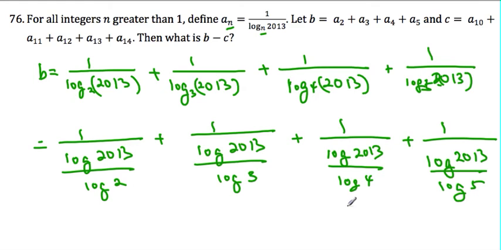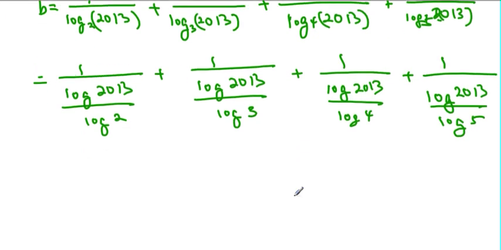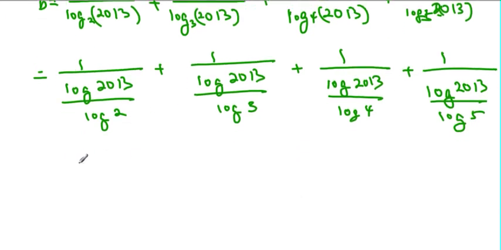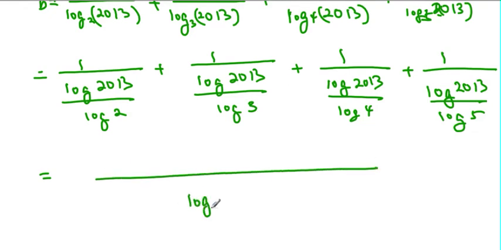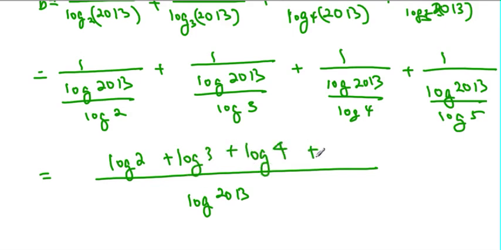Now then, same way as before, we can get the reciprocal of each one. And since then, in that case, we will have a common denominator, what we can do is we can rewrite it as log of 2013 is the denominator, and the numerator becomes log of 2 plus log of 3 plus log of 4, and then the log of 5.